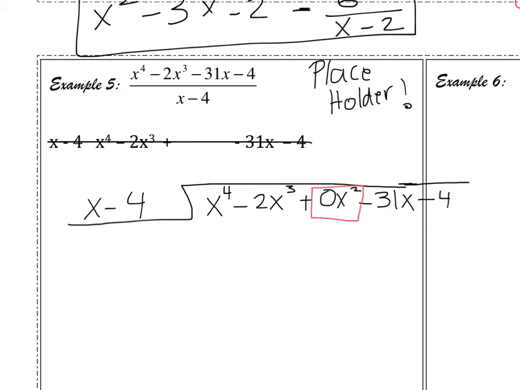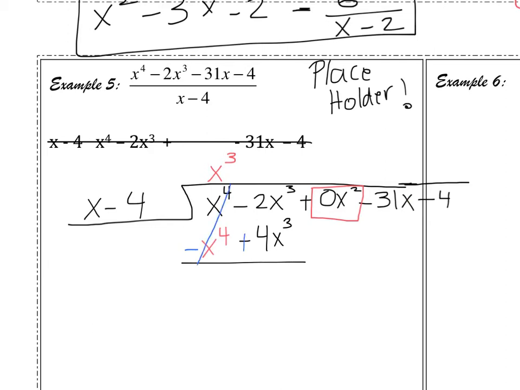Now you do the same steps. X times what would give me x to the 4th? So that's x to the 3rd. So x times x to the 3rd is x to the 4th. Negative 4 times x to the 3rd, that's negative 4x to the 3rd. Don't forget to distribute the negative by changing the signs. So this becomes a negative and this becomes a positive.